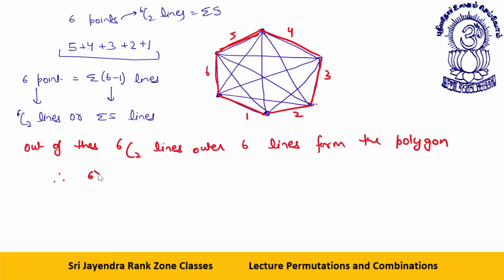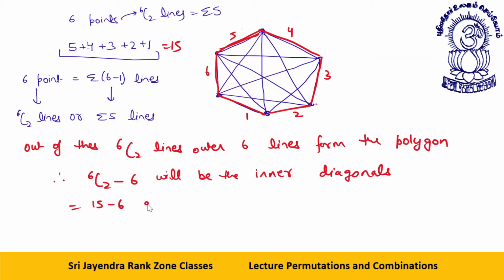Therefore, 6C2 minus 6 will be the inner diagonals. Inner, spelling I have written wrong. Inner diagonals. Okay. 6C2 will be summation 5, that is 15. 15 minus 6, or 9 diagonals. You can count them. So far, I hope everything is clear to everyone. Okay, dear students, 9 diagonals.